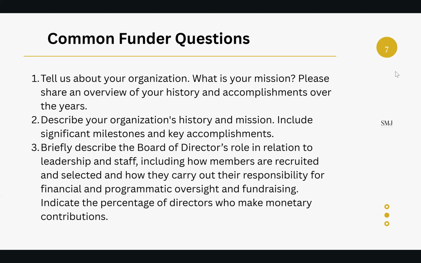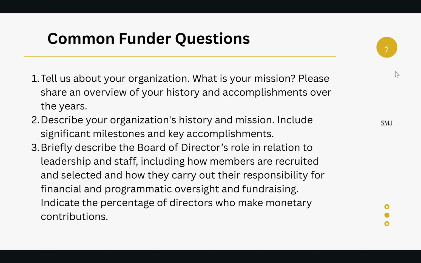Whether they ask you explicitly or not, it is a good idea to tell funders the role of your board within your organization. Legally, your board of directors is responsible for your organization's governance. But more than governance, they also have a critical role in helping you raise money.